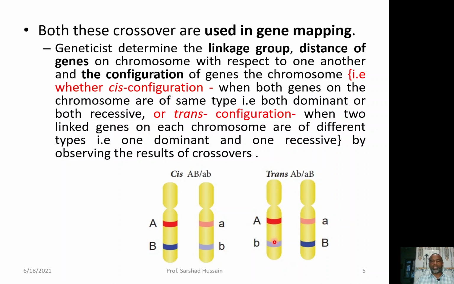This is called the trans configuration. So, three things you are able to know from the 2-factor and 3-factor crossover. One is the chromosome map, also called the linkage group of a chromosome, the distance between the genes, and the configuration of the gene, whether it is present in the cis form or in the trans form.